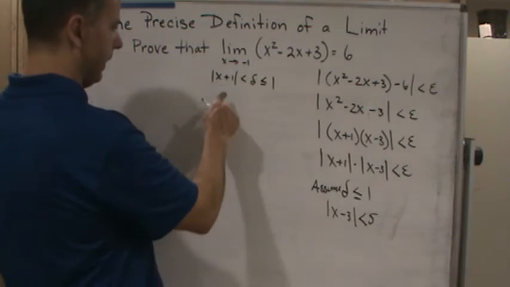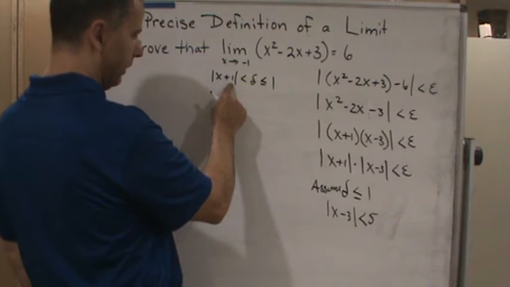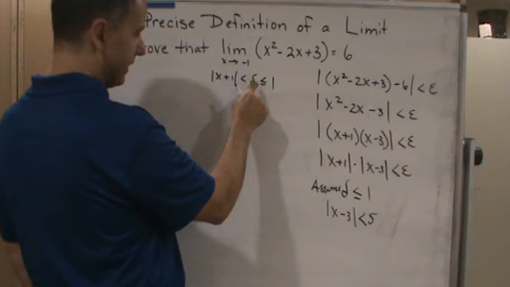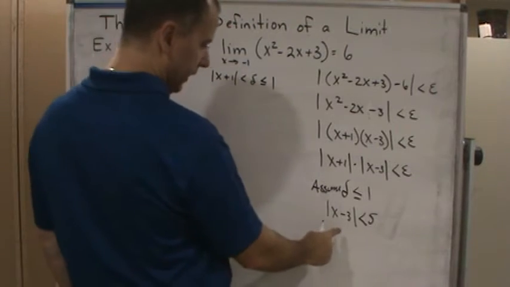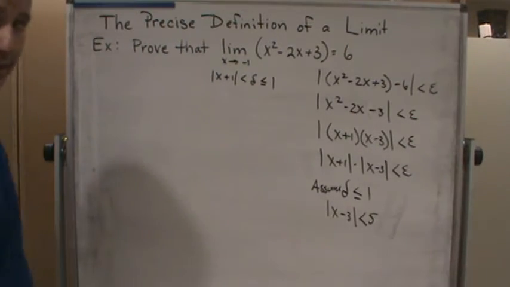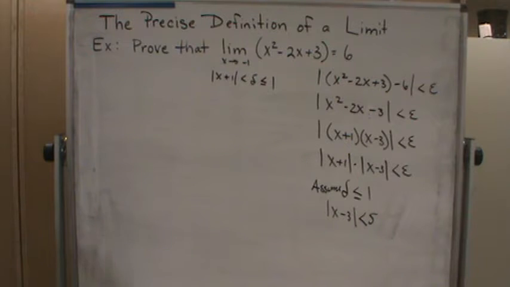So obviously, if the absolute value of x plus 1 is less than 1, then it's obvious that the absolute value of x minus 3 would be less than 5, right?